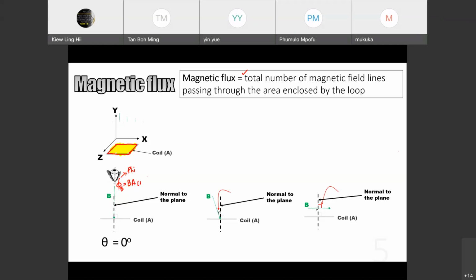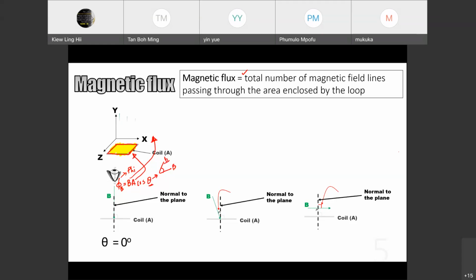B is the magnitude of your magnetic field, A is the area of your coil, and cos theta, this theta, remember, must be the angle in between your normal line and magnetic field lines.